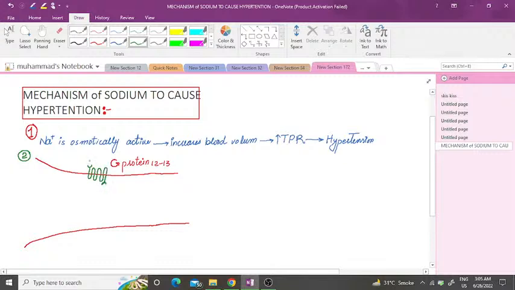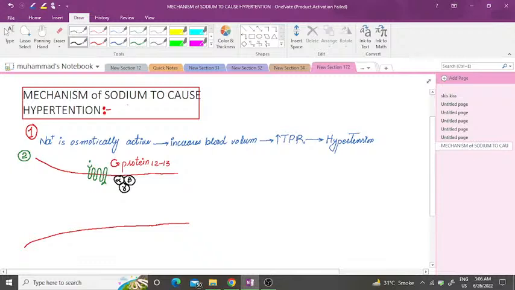So this is a G protein coupled receptor, and it is associated with a G protein here. This G protein, which is basically G protein 12 to 13, consists of three subunits: alpha, beta, and gamma.